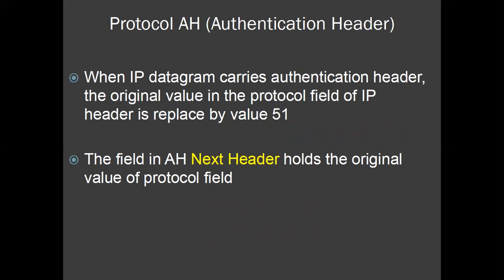When the IP datagram carries the authentication header, the original value in the protocol field of the IP header is replaced by the value 51, and the next header field in the authentication header holds the original value of the protocol field. For that, first remember the format of the IP header.